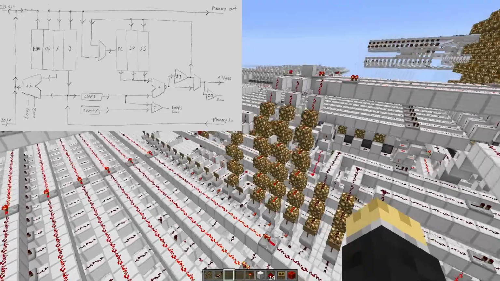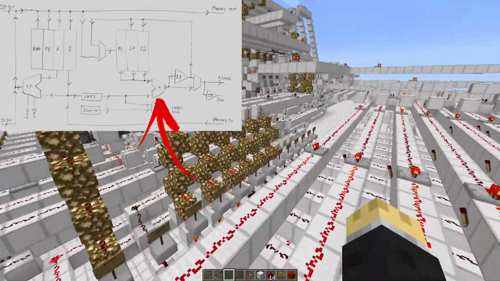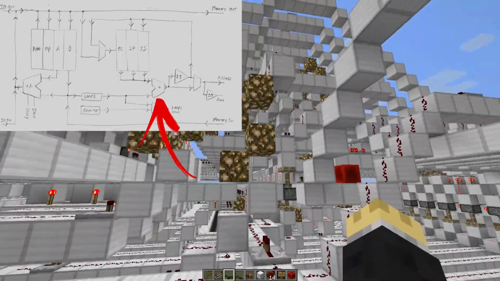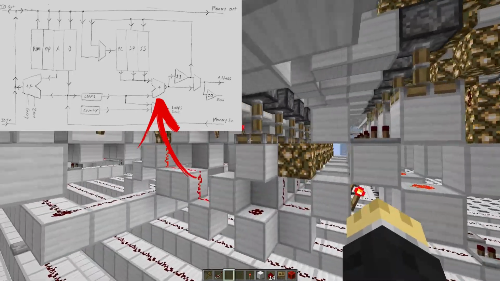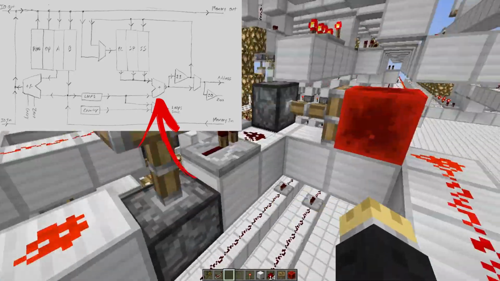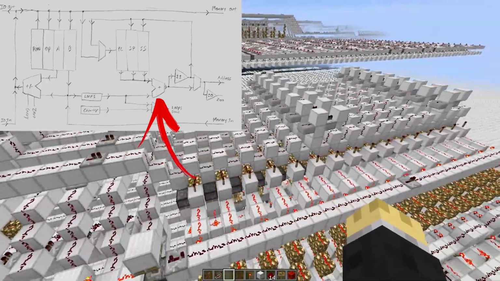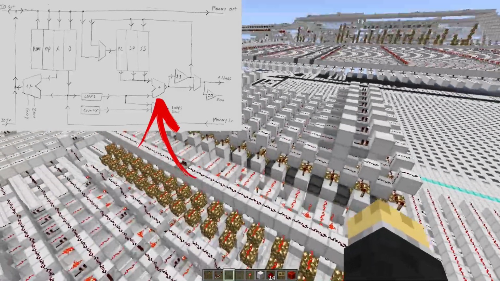Other than that, there really isn't much, except for there is another adder. So with the address circuit, there used to be only one adder. There is now 2, and the reason for that is the instruction move immediate actually has the option to move up to 15 pieces of information onto the stack.